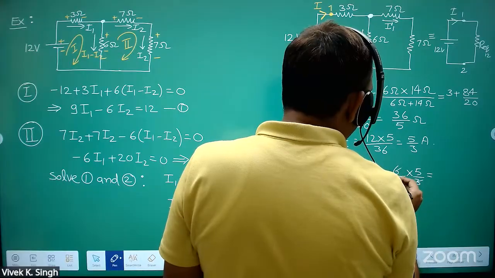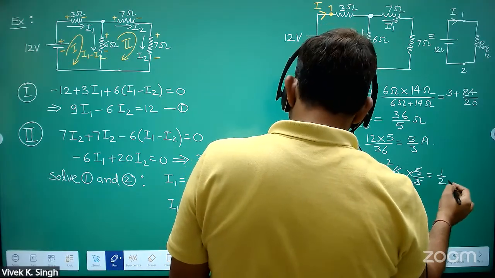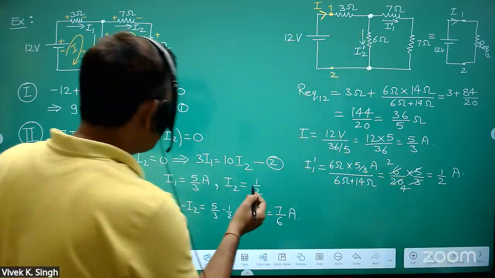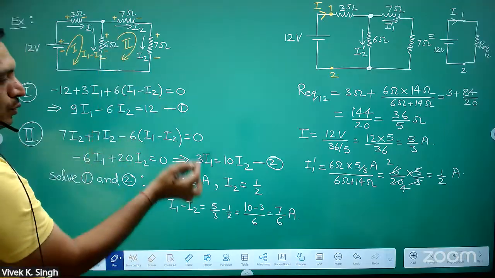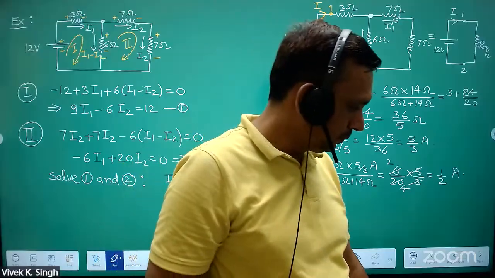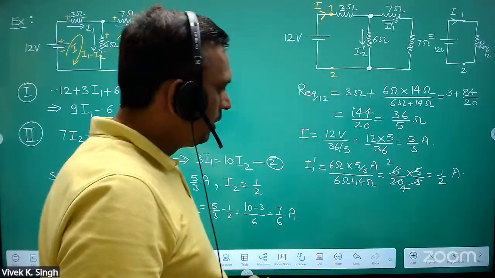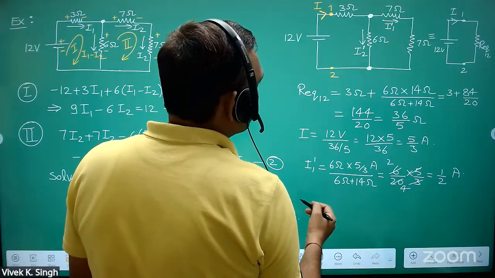So this is 3 two times. This is 4 times. So this will be what? Half ampere. And just see, the same current I2, this current here is I2, will be half ampere. Okay? Current division. It's an application of current division.